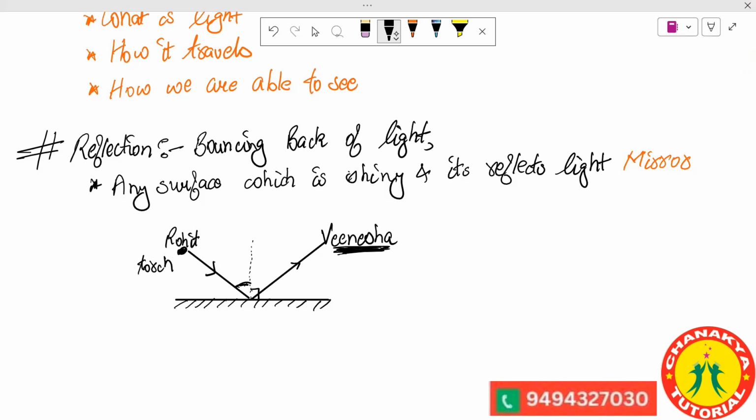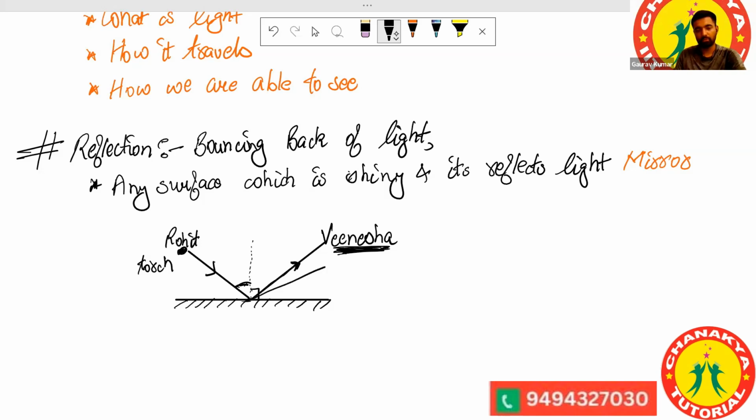Yes, sir. How? Because a mirror is a shiny surface. Normally we see that light is reflected from any surface, so here also it is a shiny surface. So the light ray will bounce towards Venetia, or it can bounce at any angle, like this also, this also.